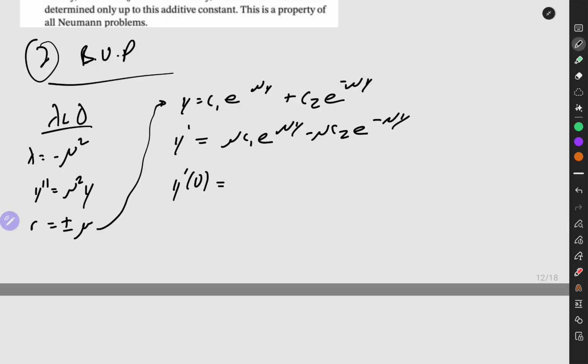So we're here. This would be mu C1 minus mu C2 equals 0. We get C1 equals C2.